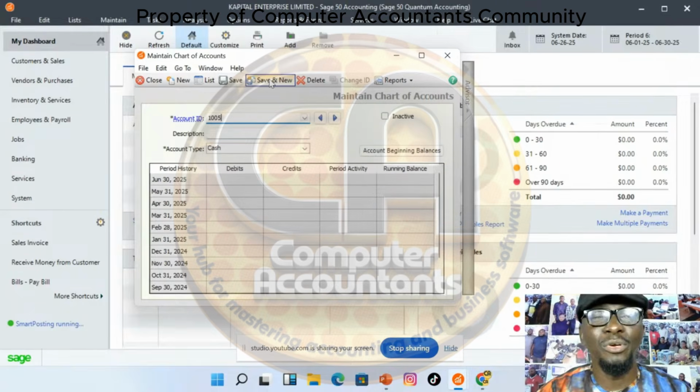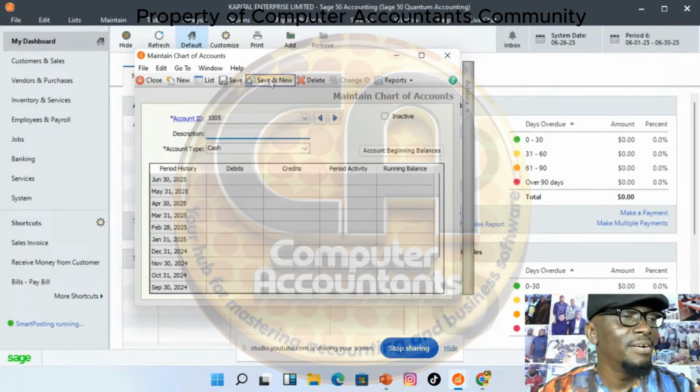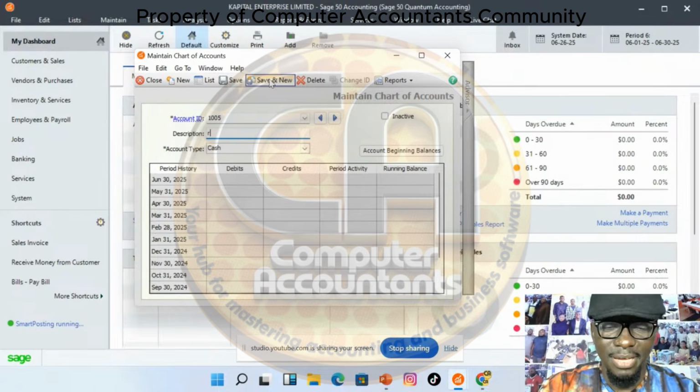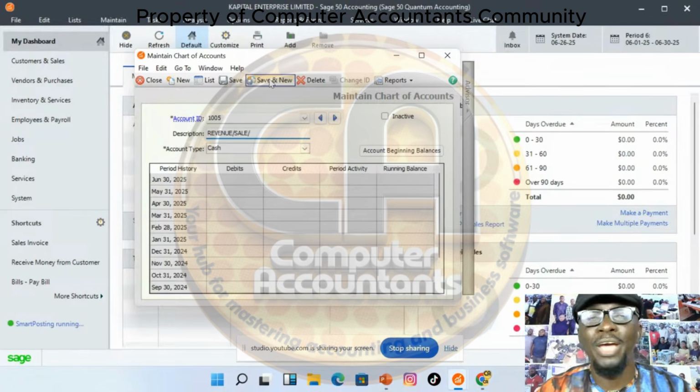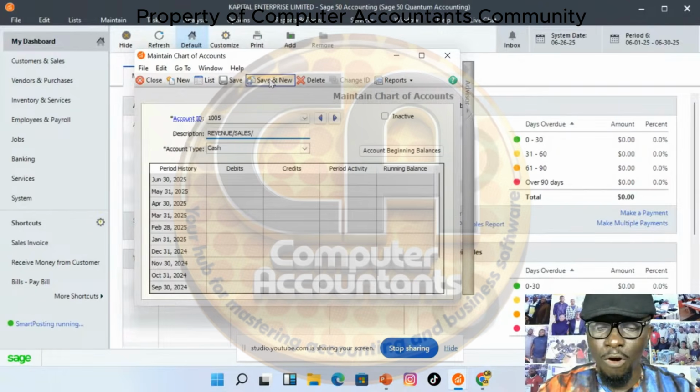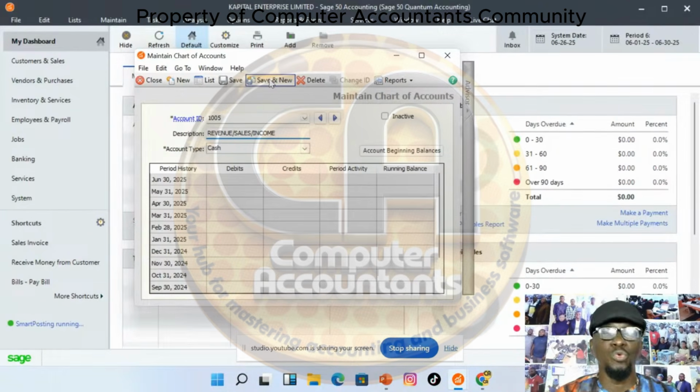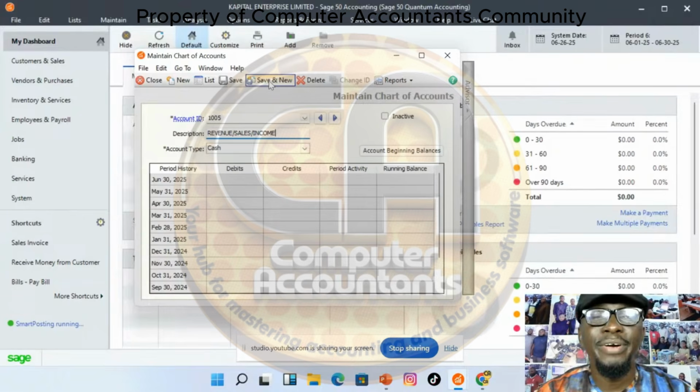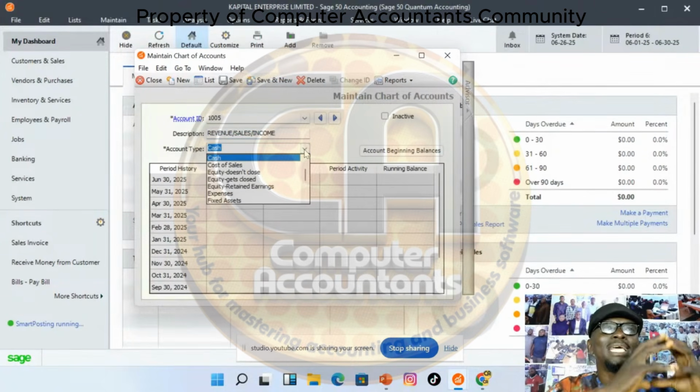So 1005, I have revenue, slash sales. It depends on the name that works in the part of the world where you belong, slash income, whatever works for you, then you run with it. Now revenue belongs to the accounting pillar called income.